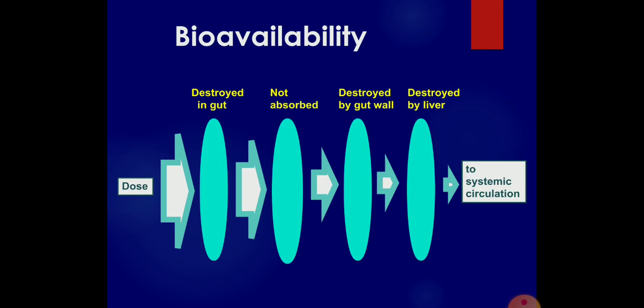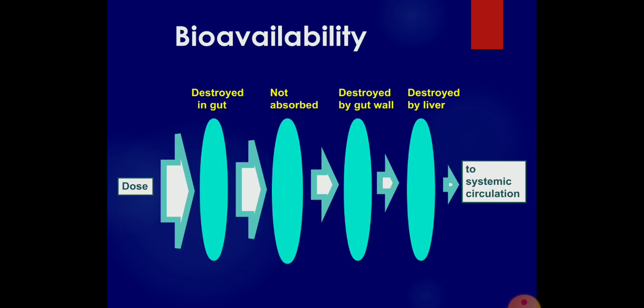Again I am repeating because it's a mathematical thing. After giving 500 milligram and going through this destruction at different levels, once it reaches systemic circulation, if the dose becomes 50 milligram from 500 milligram, then the bioavailability will be expressed in terms of percentage, and that percentage is 50 as a numerator divided by 500 as a denominator into 100.